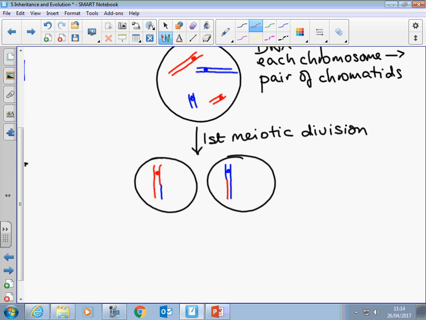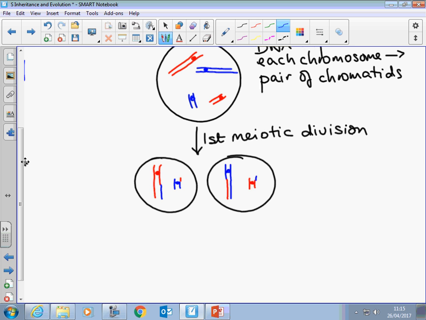Similarly with the short one, let's have over here the one that's mostly blue, but let's say that exchanged for a bit of red up there. And then this one would be mostly red, but with a bit of blue. They're really difficult to draw on the board because they don't line up very well.